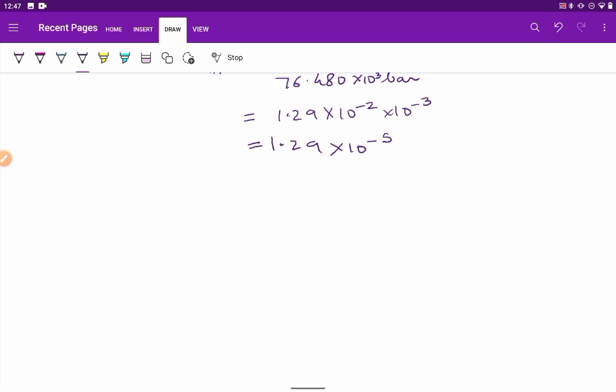Now 1 liter of water has 55.5 moles. The number of moles in 1 liter of water is 55.5 moles.